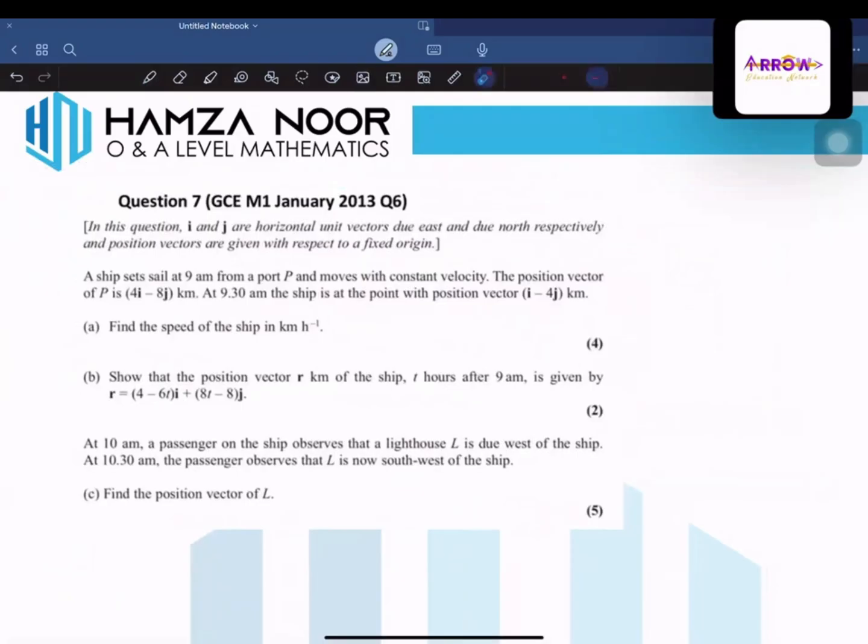For part C, the information is that at 10 a.m., meaning when your journey started at 9 a.m., t is equal to 1 hour.